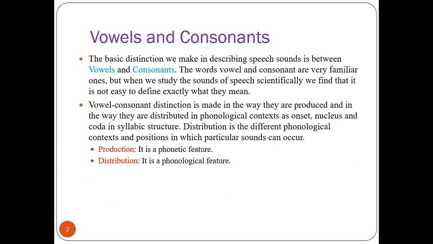This is a vowel sound. And if you take the example of P and B or K, let's say, or any other consonant, you will find that this airstream is constricted somehow in the oral cavity or mouth cavity. Fine. So this is the distinction, and that's from the perspective of production.